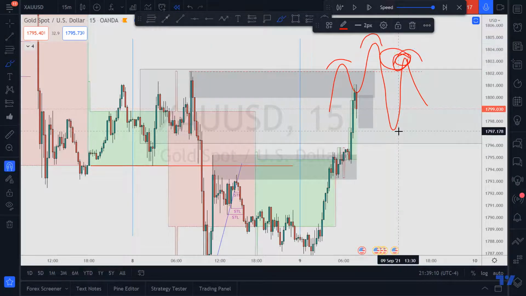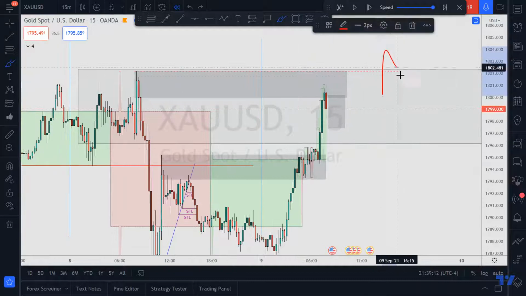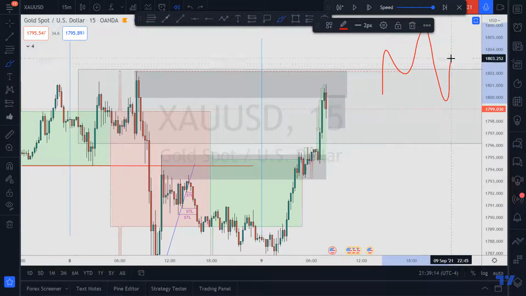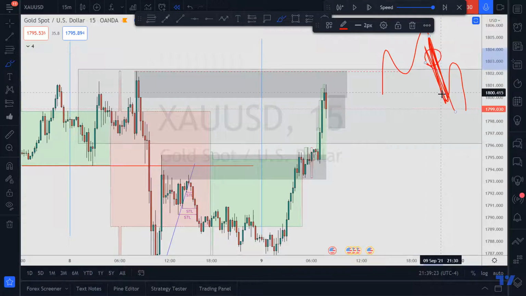Even if it doesn't get up that high, it's down here, responding to an order block in this down leg. I'm looking for that order block. As soon as it makes that dip down, I'm waiting for it to come back up here to test this order block. And that's where I'll take my entry. Got it?